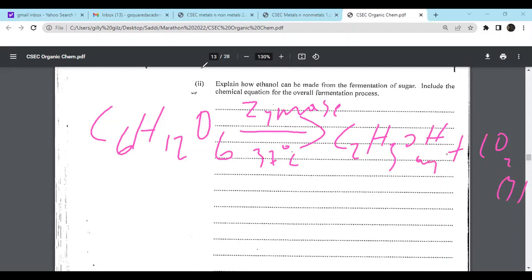This is aqueous. Okay, so now basically you're fermenting your glucose in the presence of yeast at 37 degrees Celsius to give your ethanol and your carbon dioxide.